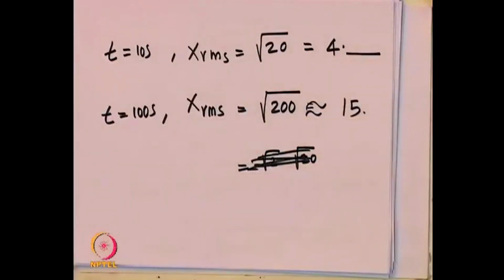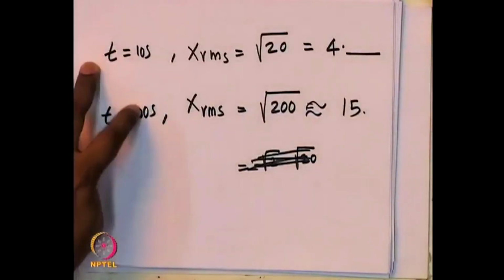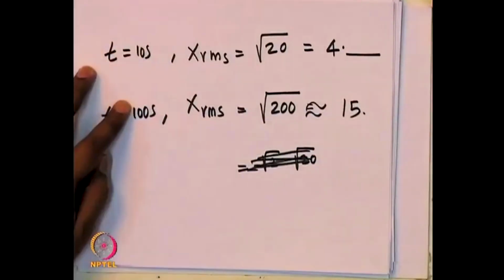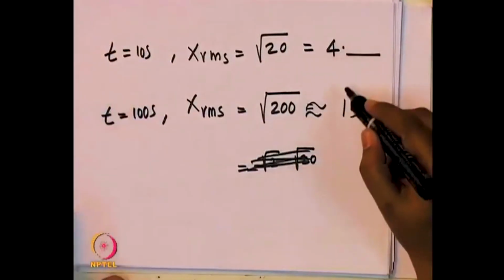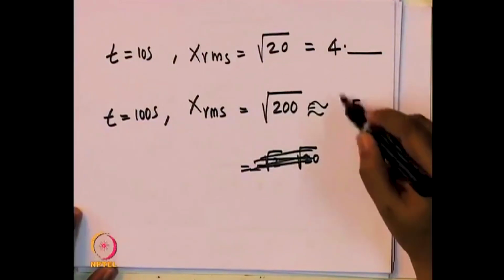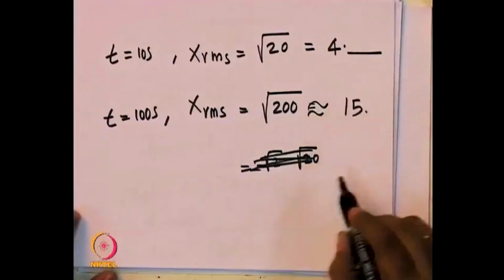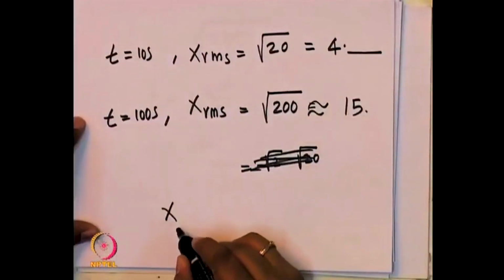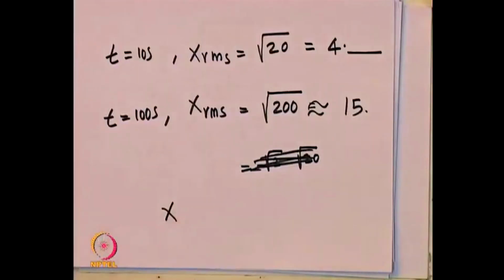Calculate this number yourself. So, even though the time increased 10 times here, it did not travel 10 times, it only traveled much less than 10 times. This is what essentially it says: even though the time increases by 10 times, the distance travelled will be much less than 10 times.